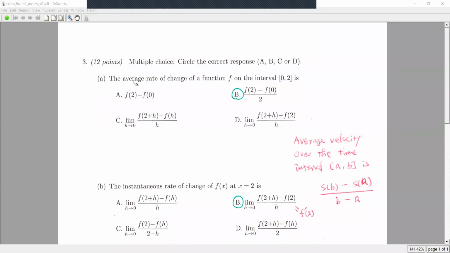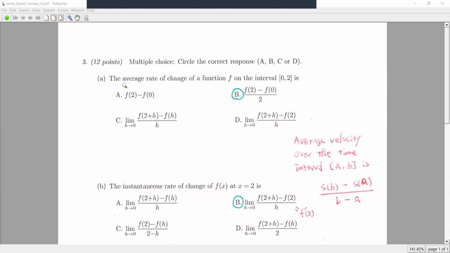Part A. The average rate of change of a function f on the interval from 0 to 2 is B. Recall that the average velocity of a moving object over a time interval from a to b is the position of the object at b minus the position of the object at a over b minus a. This quotient is also the average rate of change of the position of the moving object.